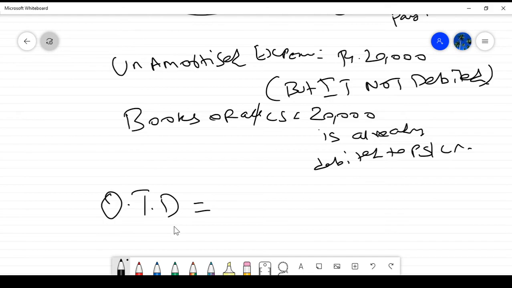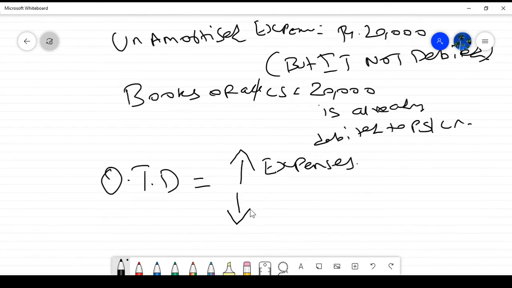What will happen? Books of accounts, expenses is more. This is my books of accounts, Companies Act, accounting income.